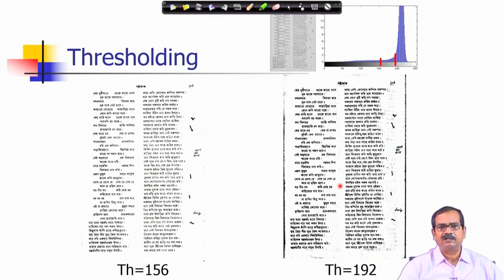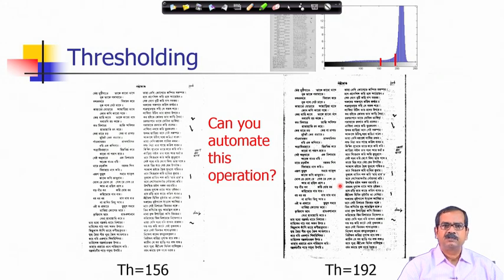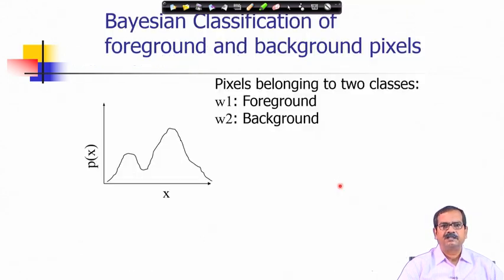What is the desirable threshold value which will make my text sharper, detect the proper foreground pixels, and also remove the noisy pixels? This kind of manual choice of thresholding may not help when you are trying to process various documents, and one of the objectives would be to automate this thresholding operation.